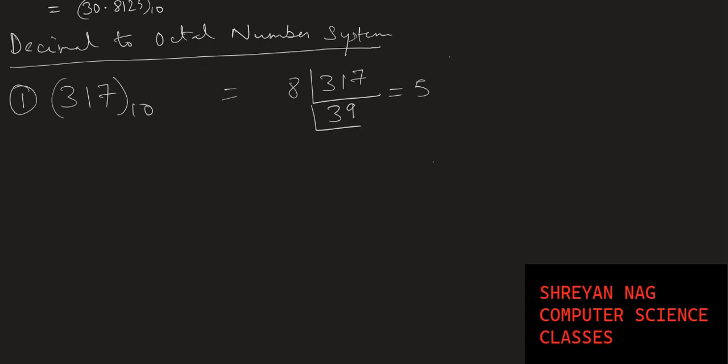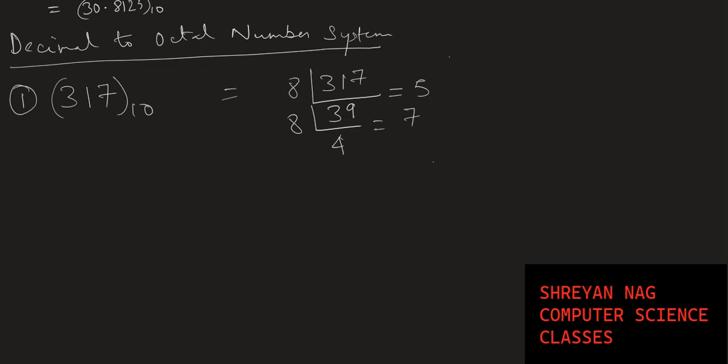Then 39 divided by 8: the closest number you can get is 4, because 8 times 4 is 32, and the remainder is 7.